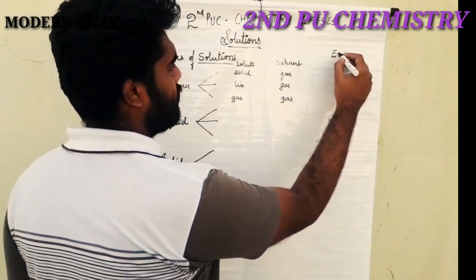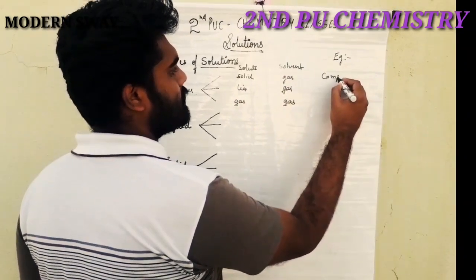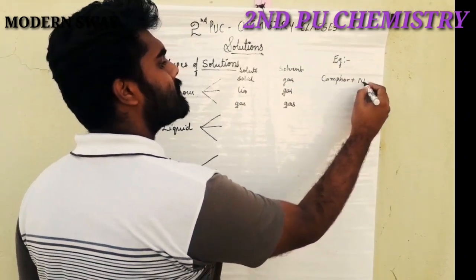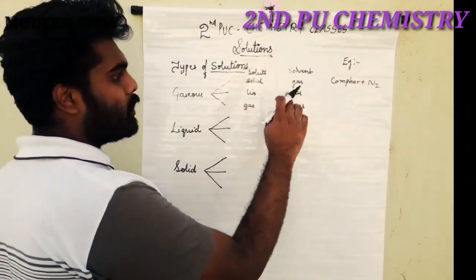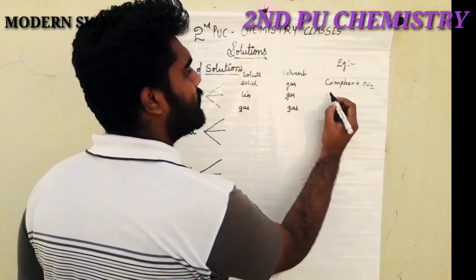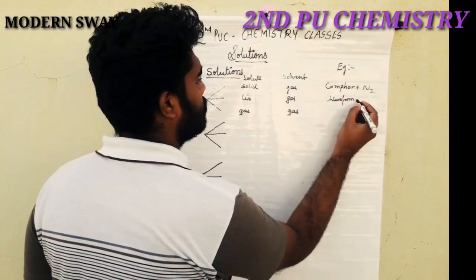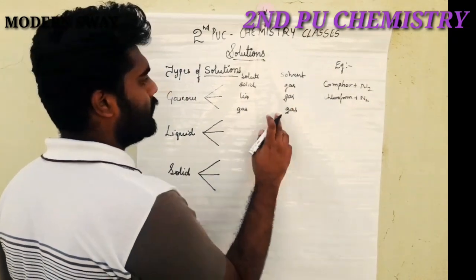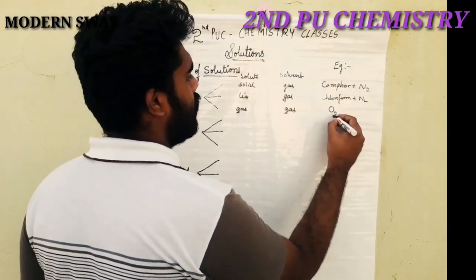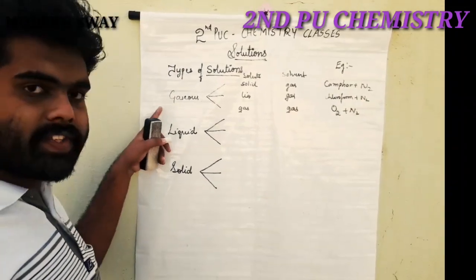Let us see the examples. Solid in gas: a very good example is camphor plus nitrogen. Liquid in gas: chloroform plus nitrogen. Gas in gas: oxygen plus nitrogen. Clear with the gaseous solutions?